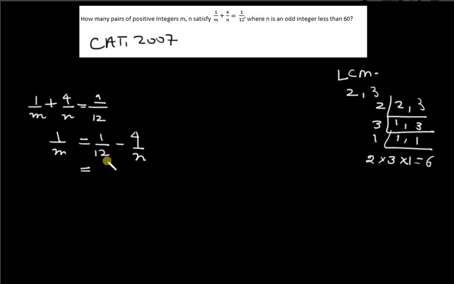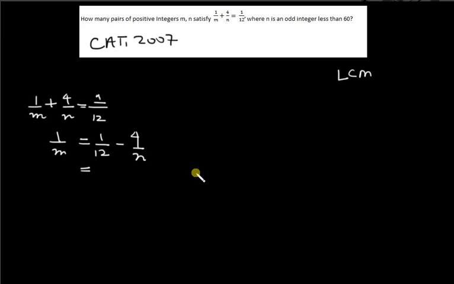But here I have two numbers, 12 and n, and I can't do like this, but I can multiply 12 and n. What I get is 12n. So the LCM for this is 12n. So I can use this LCM here to solve this equation, to find out the value of m and n.